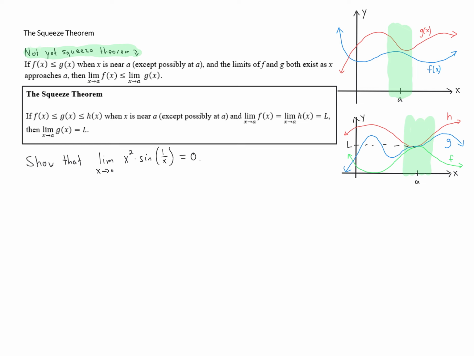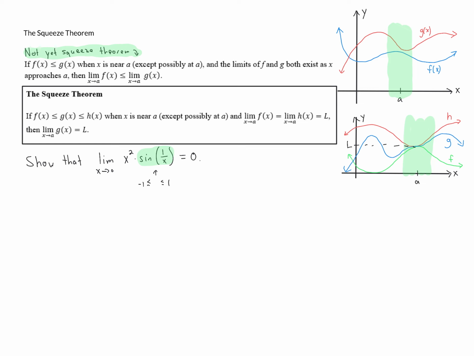And one thing that we can recognize here, if you look at sine of 1 over x, this quantity right here is always between -1 and 1, because sine of anything is always between -1 and 1. So that means this whole function is going to be between -1x squared and +1x squared. And so those are the functions that we can use as bounds on this.